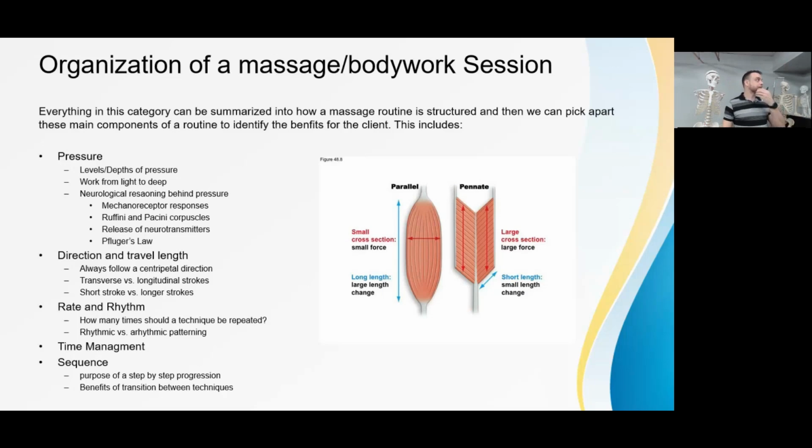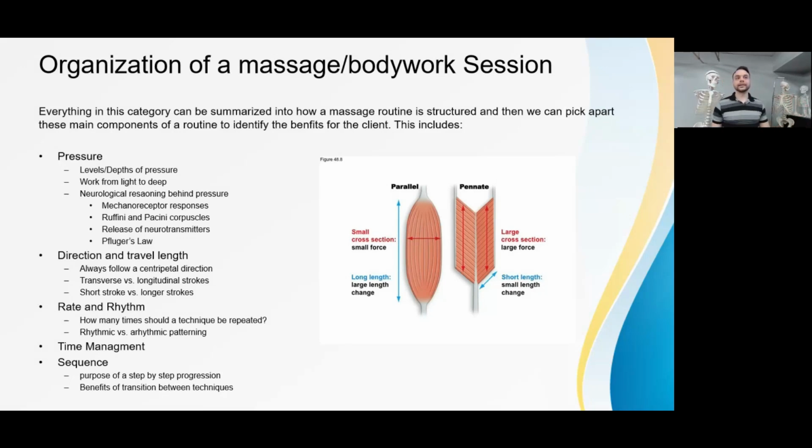As you can see in the second part of this picture, some strokes can be very long, some strokes can be very short. And when would you want to use one or the other? Well, the general rule is to always follow the entire length of the muscle itself. So if we were working on a long muscle, like the biceps, we can go from elbow all the way to shoulder in one long swooping motion.